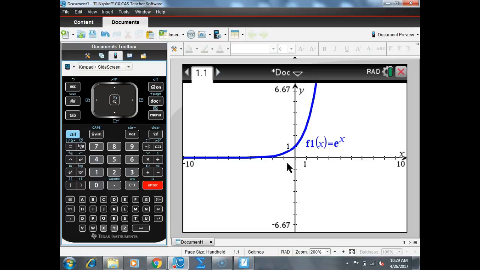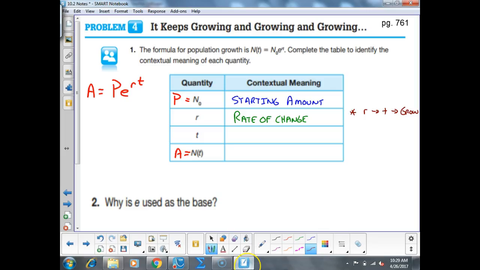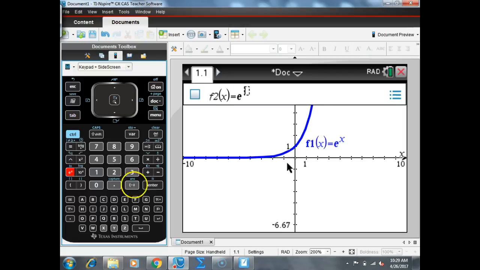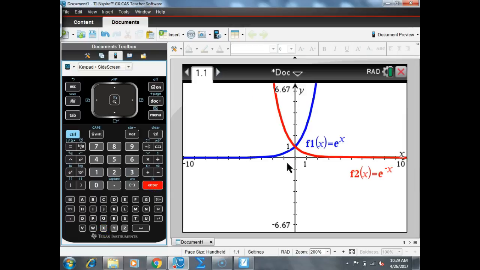What about if we want it to decay? We have to have a negative R value. So if I go back to my graph here now, and I put on here e to the negative x, that's going to be a decay.